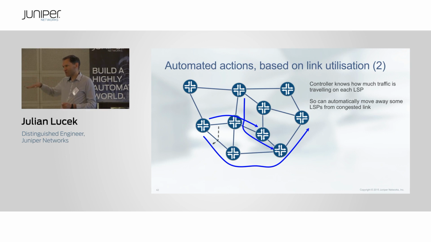Maybe you put in some loose hops or strict hops. It's pretty involved. And what can happen is, if you've been doing this sort of thing for several months, you end up with lots of LSPs which have been pinned around the network in different ways to ease congestion around various hotspots.